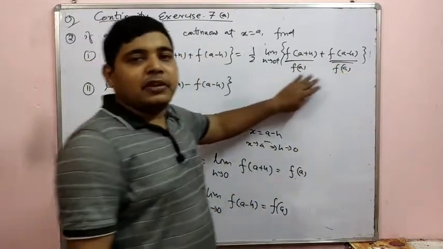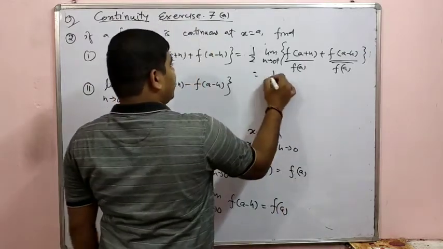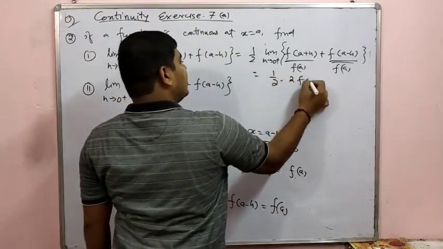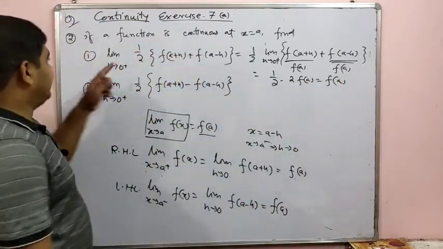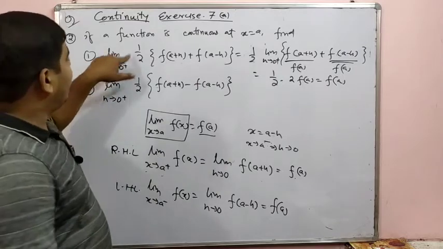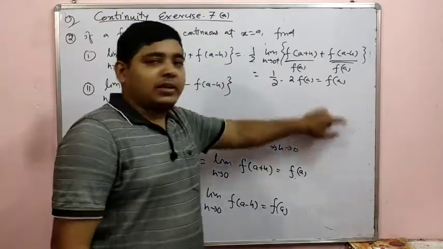So f of a plus f of a is equal to 2f of a. So this is 1/2 into 2f of a, which is equal to f of a. So the first value is limit h tends to 0 of 1/2 f of a plus h plus f of a minus h is equal to f of a.